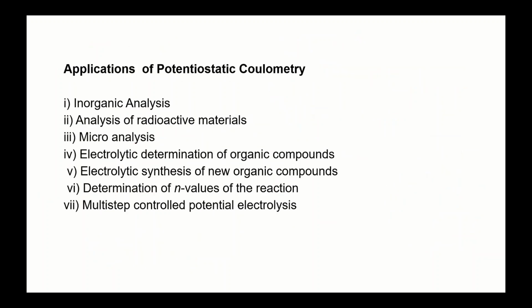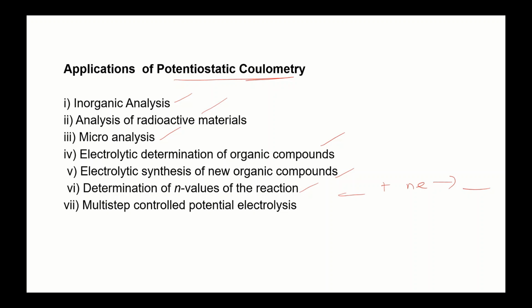There are a lot of applications for potentiostatic coulometry. For example, the analysis of inorganic compounds, analysis of radioactive material such as uranium, microanalysis, determination of organic compounds, and synthesis of new organic compounds. You can determine the n value of a reaction, and how many electrons are involved in the reduction, for example.